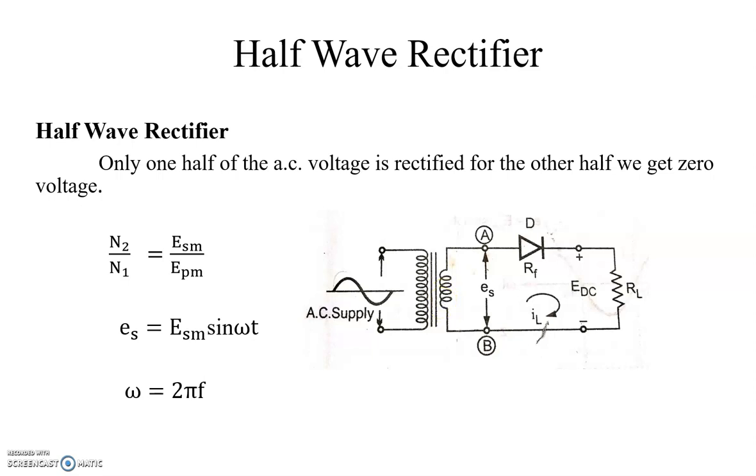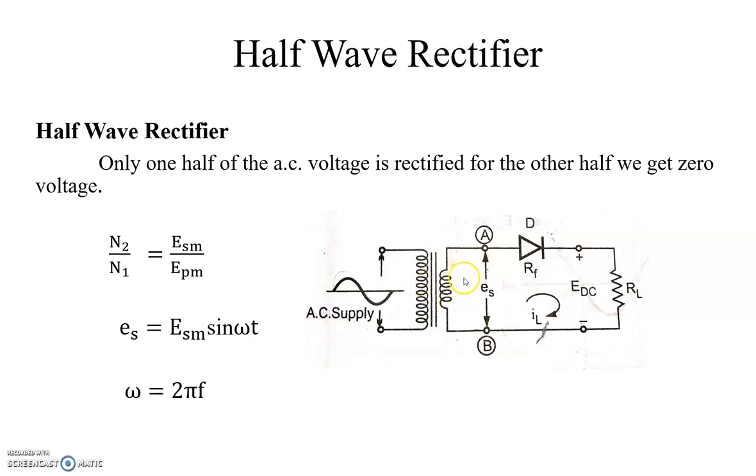In this figure, the diode forms a series circuit with the secondary of the transformer and the load resistor RL. When the primary of the transformer is connected to the input AC supply, a voltage is induced across the secondary.